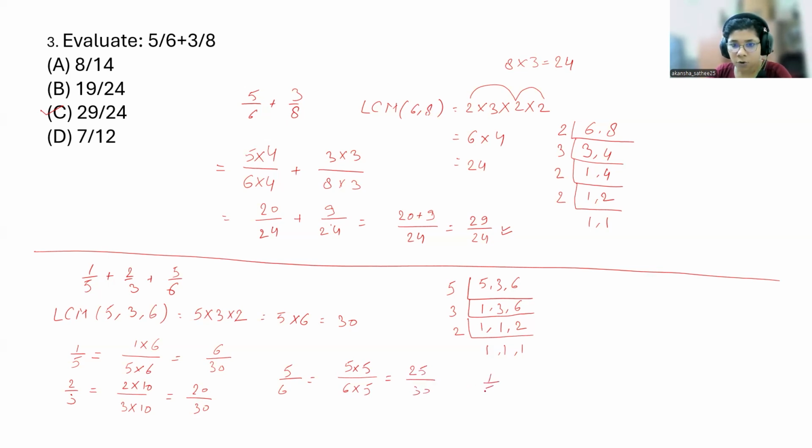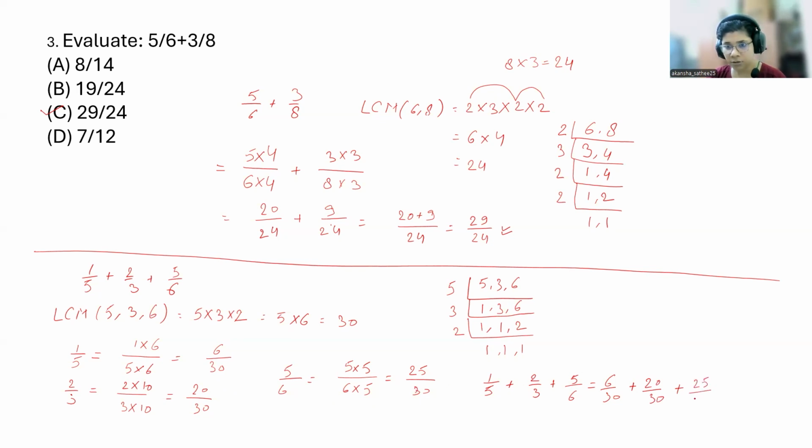So 1 upon 5 plus 2 upon 3 plus 5 upon 6 is the same as 6 upon 30 plus 20 by 30 plus 25 upon 30.